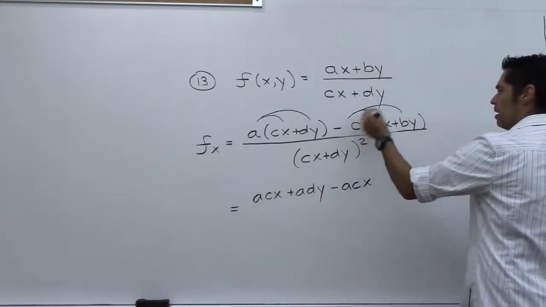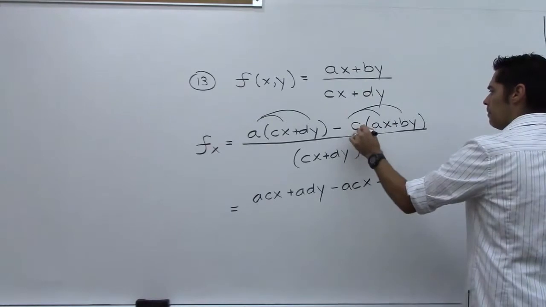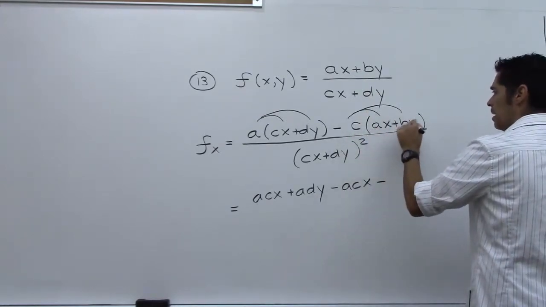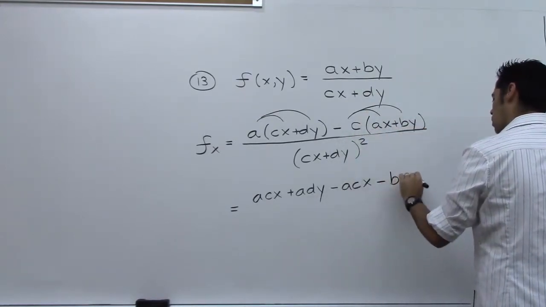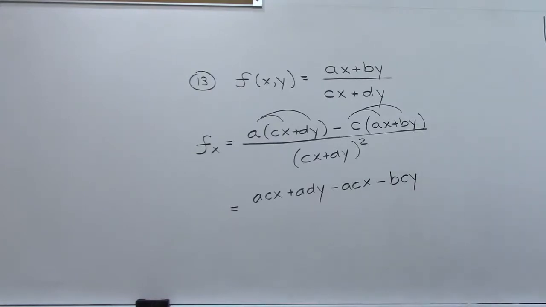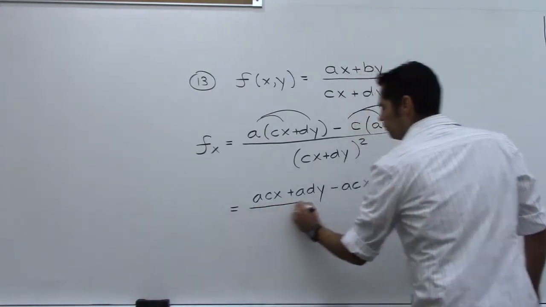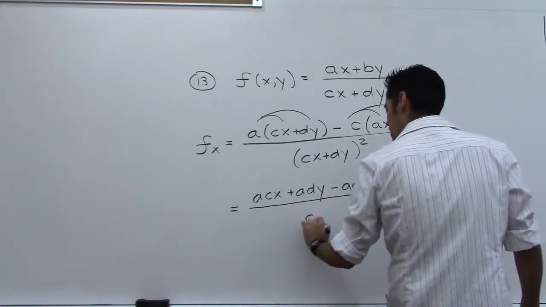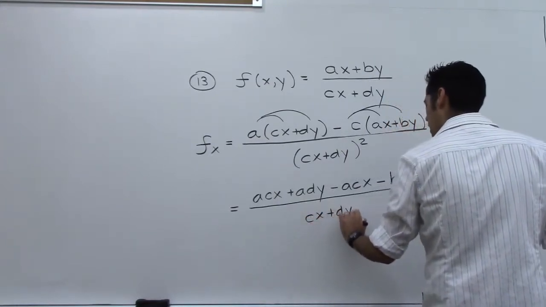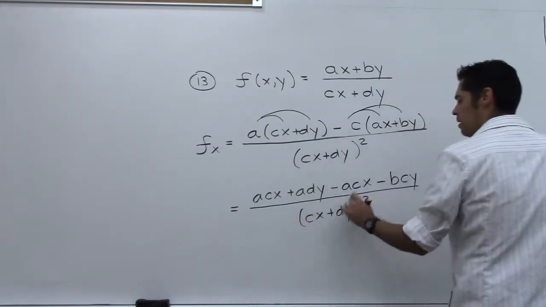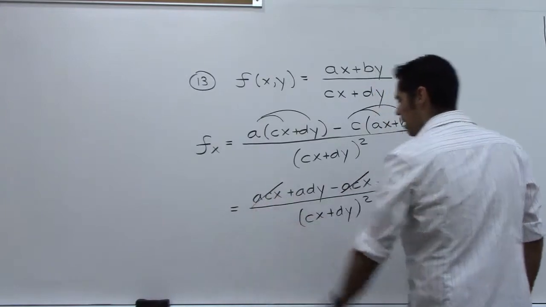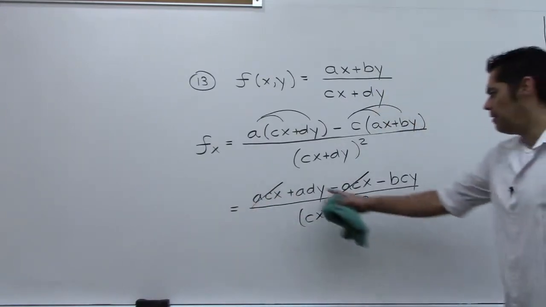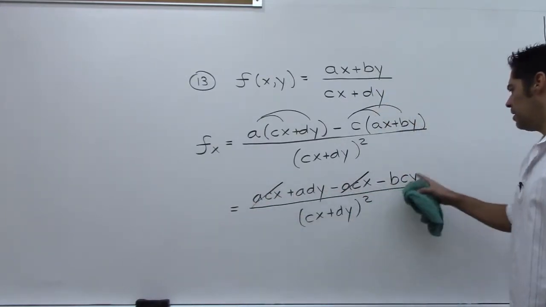A cx, and then over here negative c times b times y, I'm going to put b cy, and then all over the bottom squared. So cx plus dy squared. Notice my a cx's cancel, and then I have a dy minus b cy.